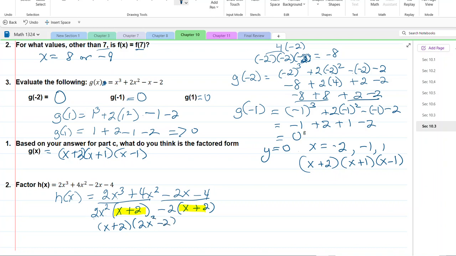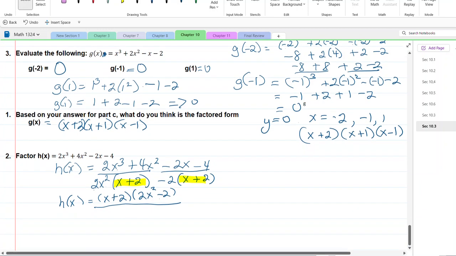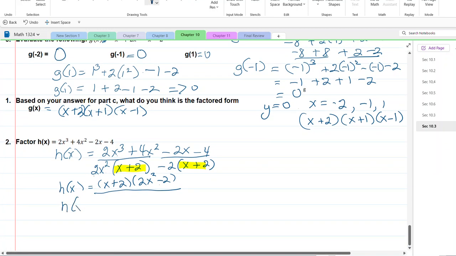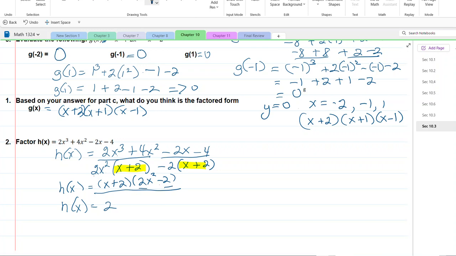Right. Now, I could pull out a GCF, but I think this is all at once. If I was to take out a 2 here, I would say h of x equals 2, because that's a shared amount for that. 2 parenthesis x plus 2, x squared minus 1.